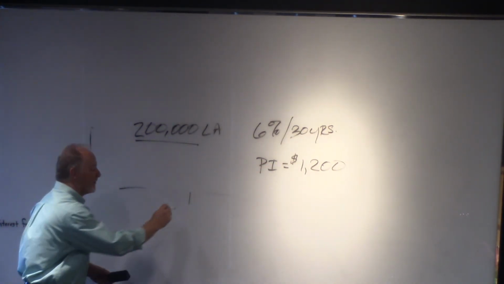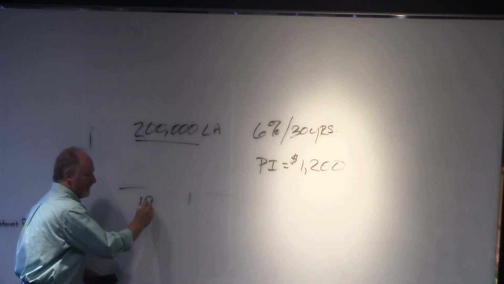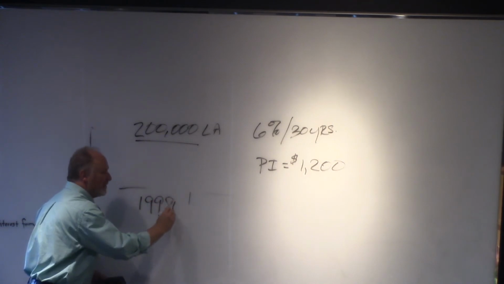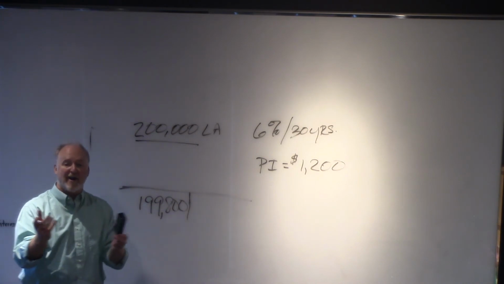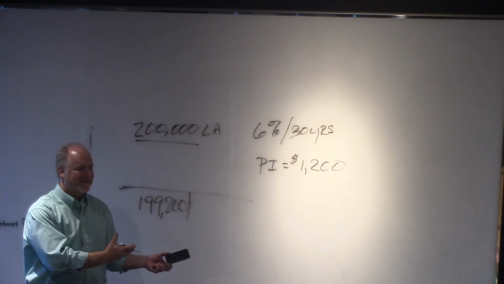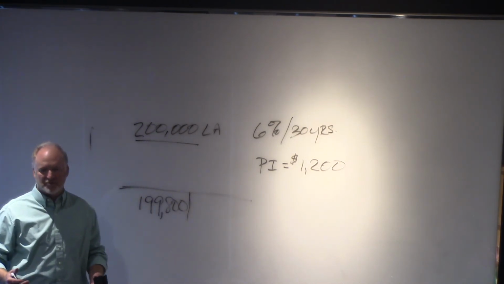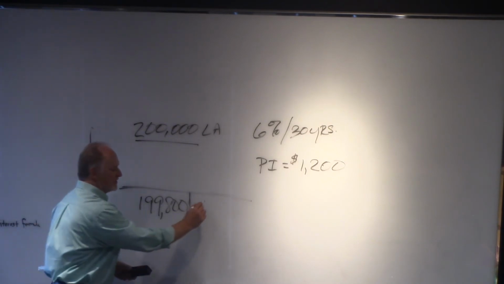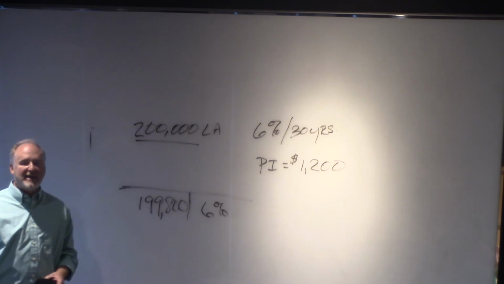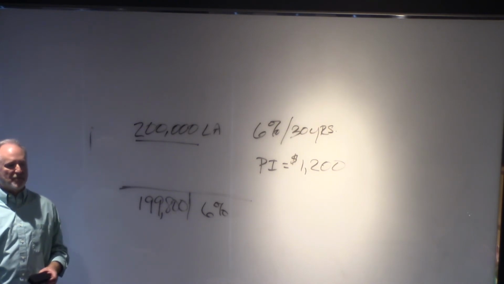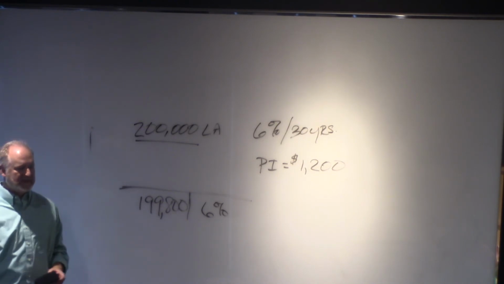Liana, what's different from month two? The loan amount, the principal. And if one part of our T-bar changes, it's going to change the numbers, right? Now granted, the interest rate is still going to be the same, but I need some help. 199.8 times 6%. Somebody help me with that number, please.